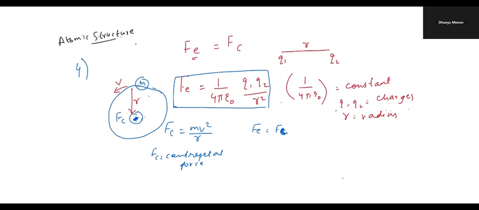Okay. Now, this is Fc. I'm writing it as mv square by r. Okay. Now, this is equal to Fe. Now we have to substitute the value of the charges in Fe.